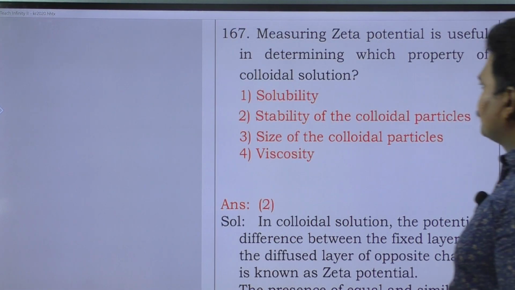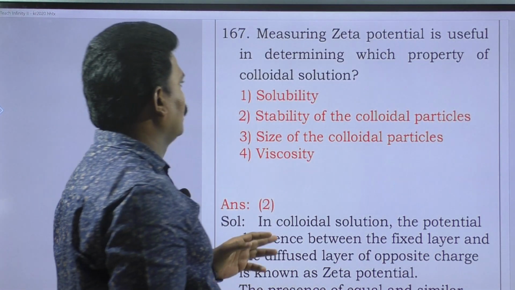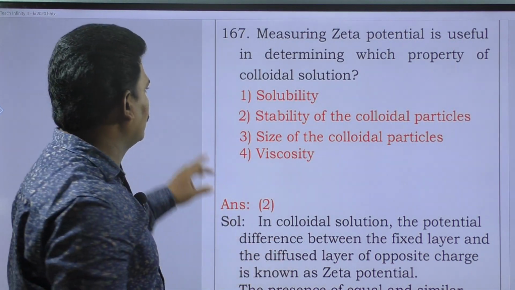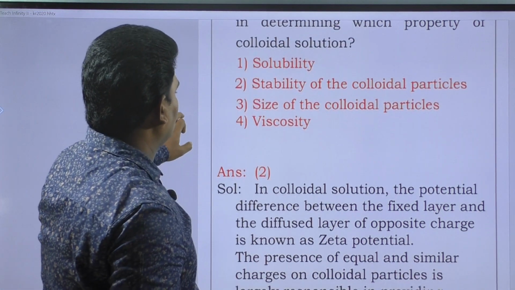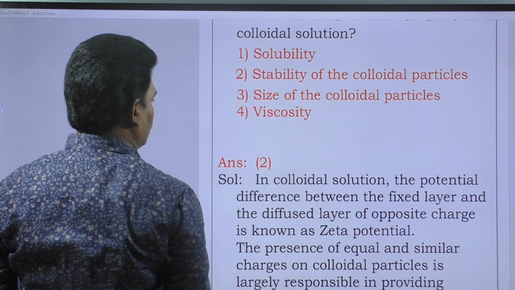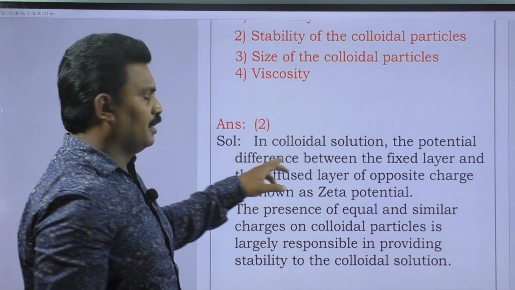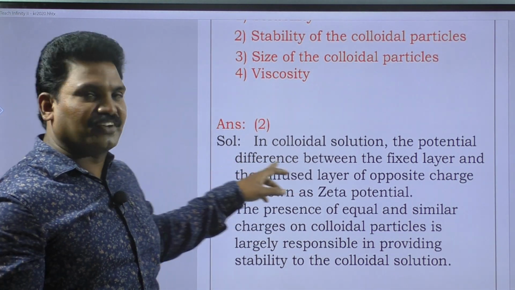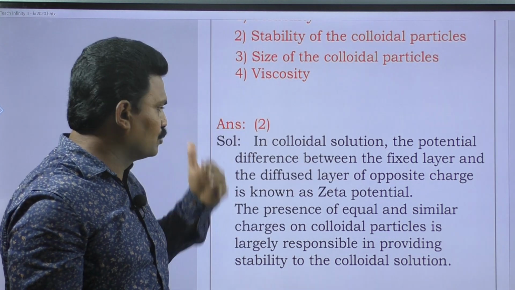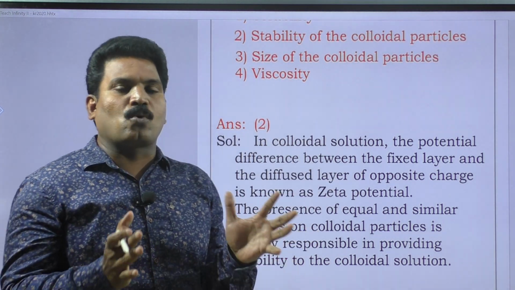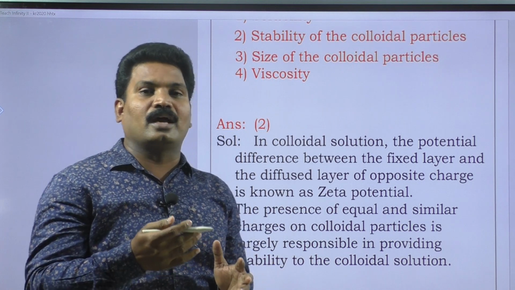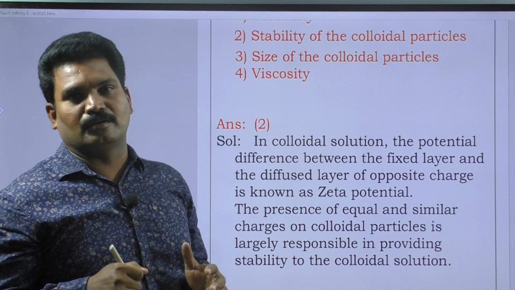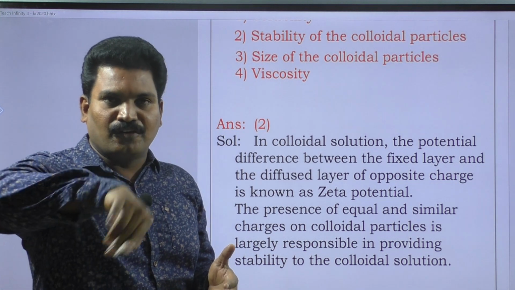Next question: measuring zeta potential is used for determining which property of a colloidal solution? That means the stability of the colloid particles. In a colloidal solution, the zeta potential is the potential difference between the fixed layer and the diffuse layer. For example, if the colloid particle charge is positive, it is surrounded by negative ions from the bulk solution, forming a fixed layer.